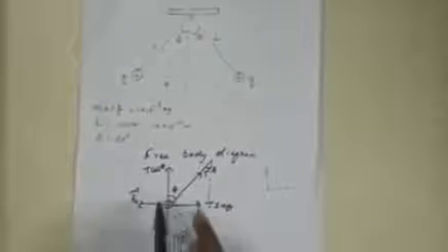The tension will be acting along the string. That force should be resolved into two components, the horizontal should be T sin theta and vertical should be T cos theta, and the electrostatic force Fe between the two charges will be acting along this direction because it is the repulsive force.